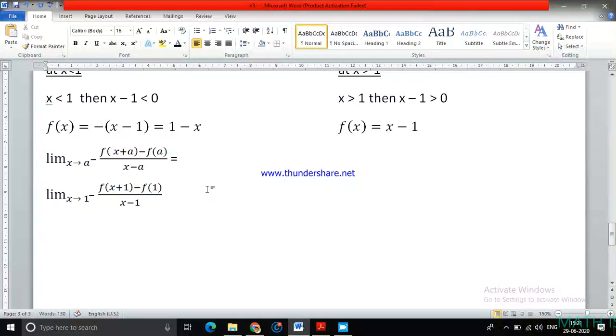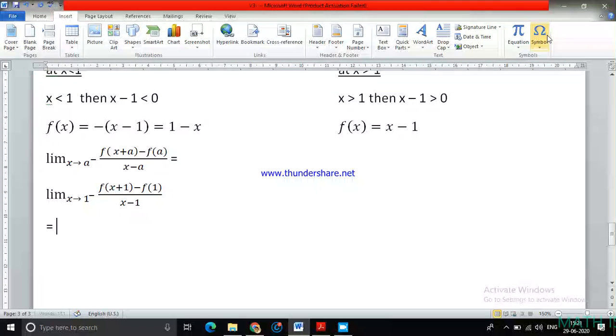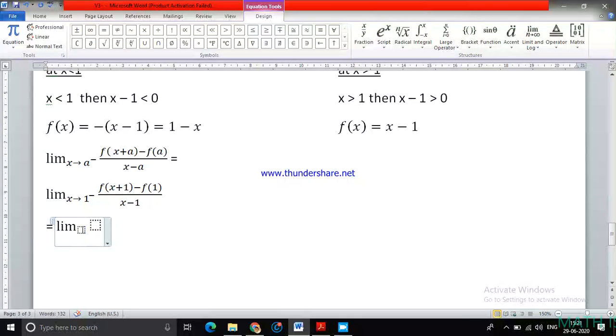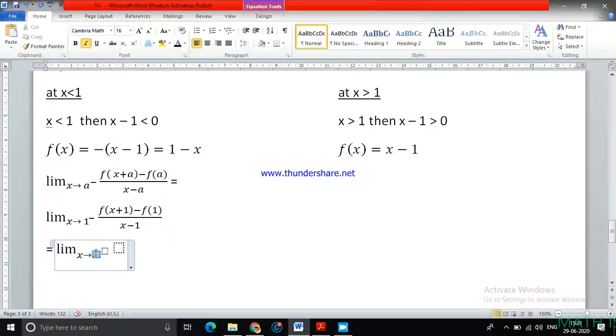Okay. So this is what I get if I replace a value as 1. So if I insert the equation, limit x tends to 1 minus, since it is the left limit, that's why I put the minus sign here.